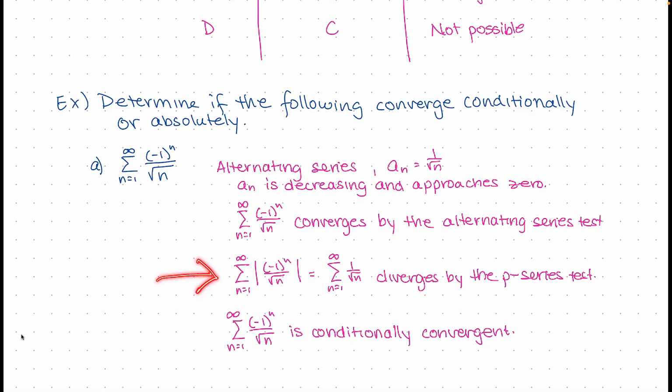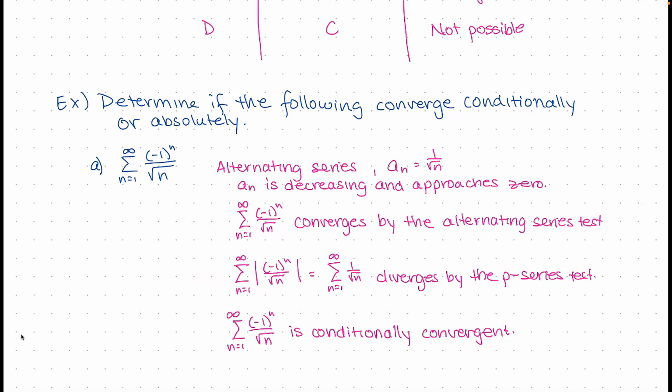You don't have to say that it does. This is enough, because absolute convergence implies convergence. Unfortunately, this guy diverges. So if this diverges, you still have to go back and do this one. So that's why it depends.